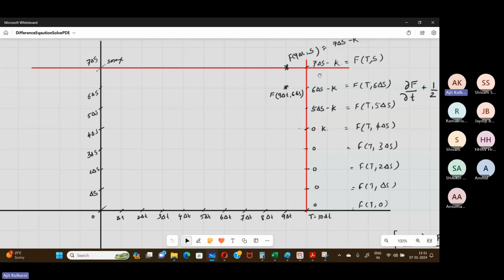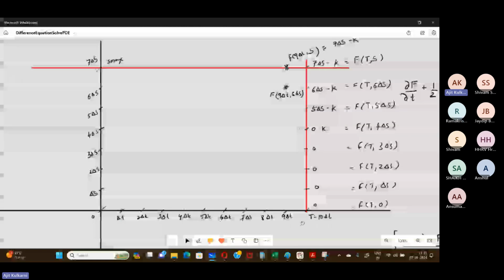This is going to be max of s minus k. Then it becomes 0, 0, 0, 0 everywhere else, right? And correspondingly, once it is 0, for all options it is kind of 0, right?